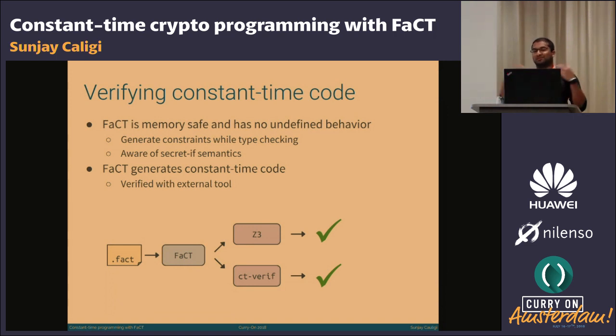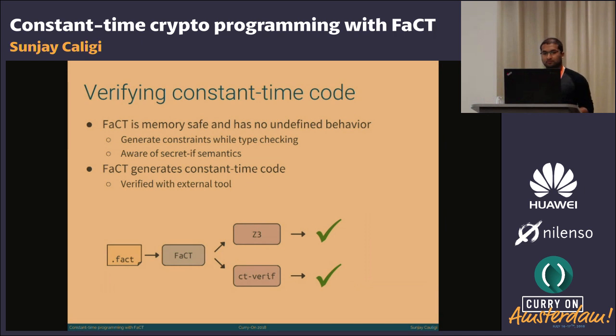One, we don't have to deal with verifying our compiler as we're developing it. And two, we use LLVM, so we can use the LLVM infrastructure to run all of the optimizations without having to worry about whether or not it's going to break our constant time guarantees, because post-optimization, we run it through an external verifier, and it'll check whether we're still constant time.